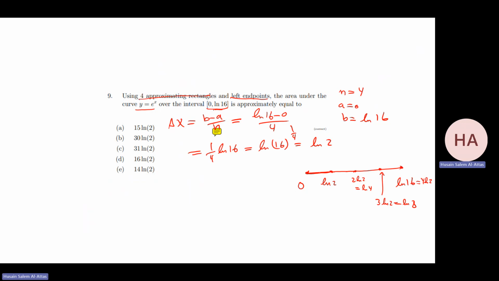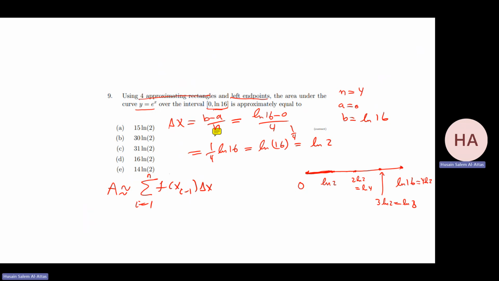So first rectangle, what will be? The area will be approximately the summation i equal 1 to 4 of f of x(i-1) delta x.